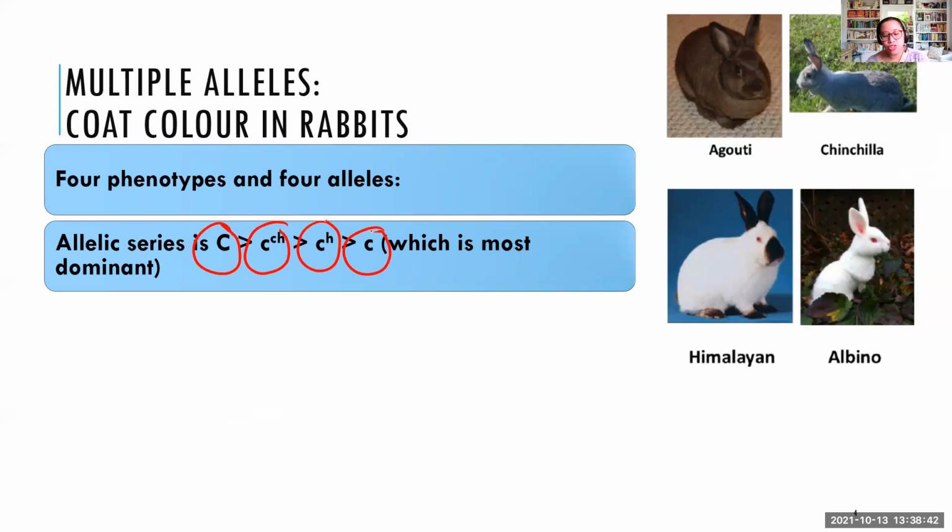Okay, so the chinchilla phenotype, you will see C^CH. So that's chinchilla. Chinchilla is the gray one. All right. Now, the albino, as you can see, is colorless, so it's all white. And then you have the Himalayan.